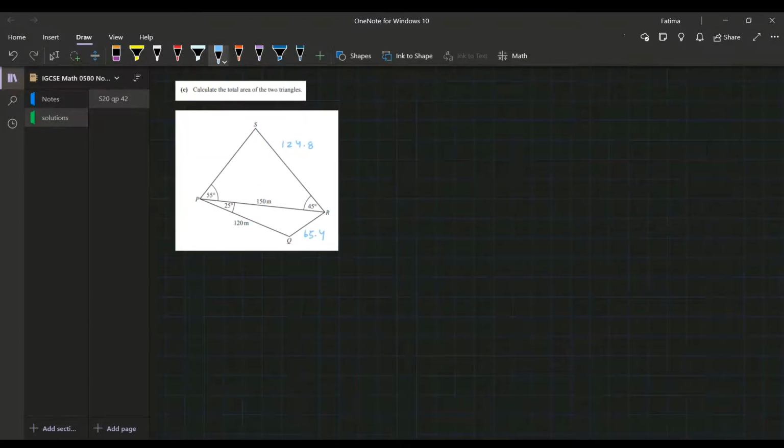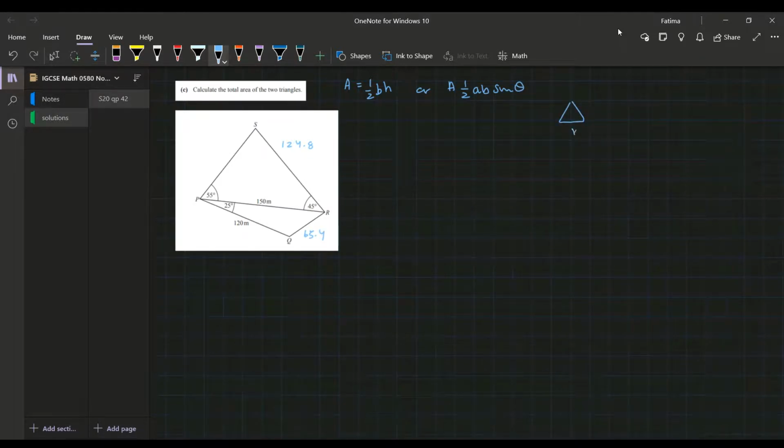Now for part C, we're asked to calculate the total area of the two triangles, and the way we would approach this question is that we'd find the area for each triangle and add them together to find the sum. So for the area of a triangle, there are two formulas you learn in IGCSE, where one of them is half into base into height, or you can have half ab sine theta, where the first formula can be applied in any triangle.